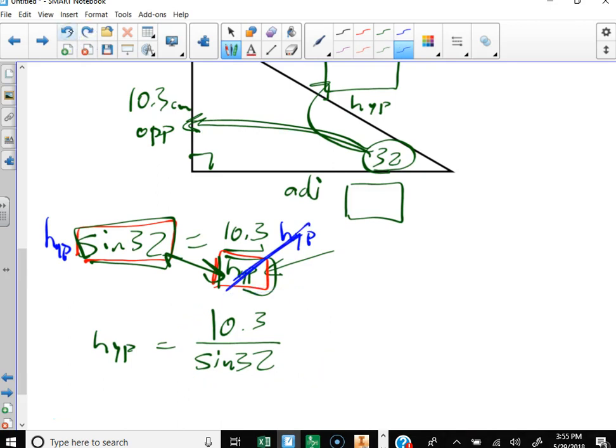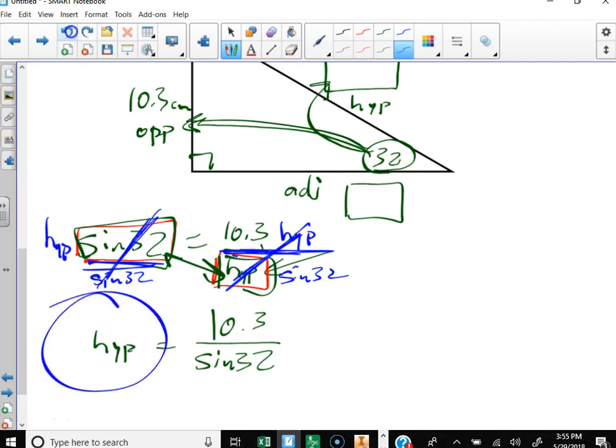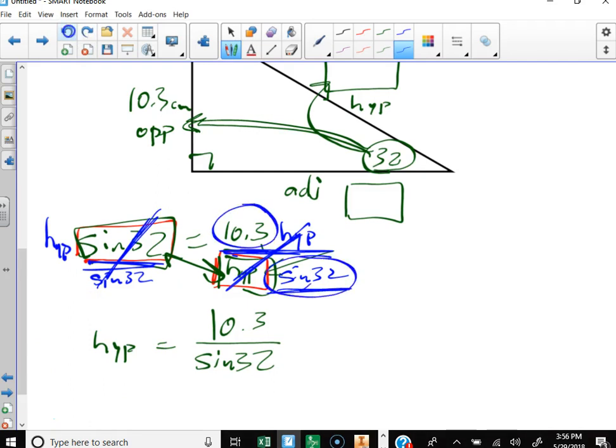At the same time, we divide by the sine of 32, which down here just puts it on the bottom. Now, that cancels this over here, which makes sense because once again, you'll notice there's no sine of 32 over there. But it does leave it over here on the right. So I end up with 10.3 divided by the sine of 32.